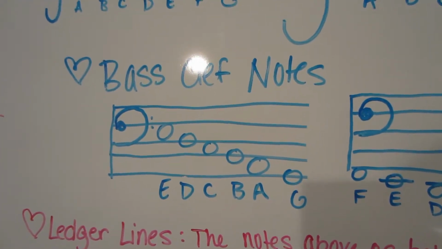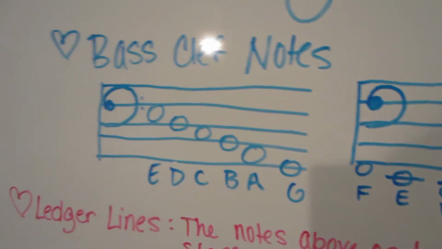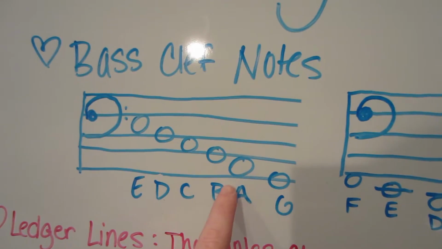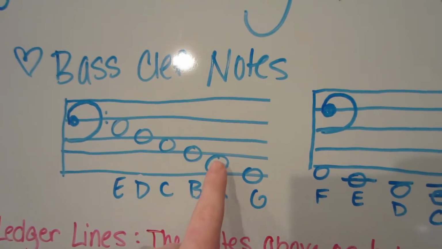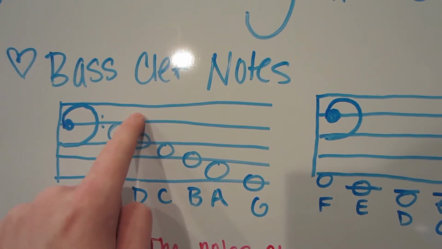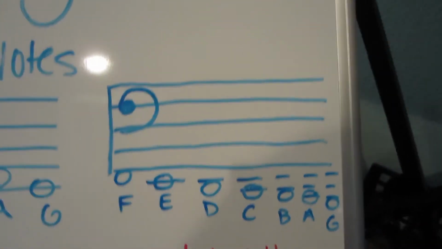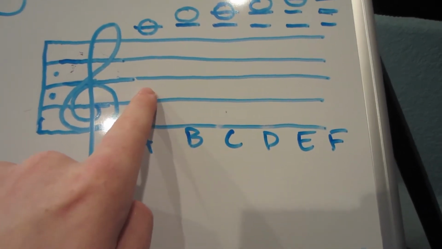And then bass clef notes. Same thing, but going down. And you can always remember, I like all cows eat grass, because it's really easy. All cows eat grass. And then on the treble clef, it's different. It's F-A-C-E.